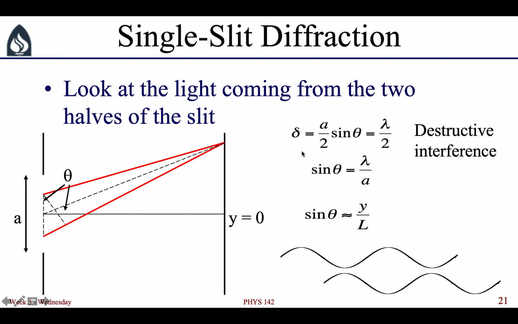And then we can rearrange this expression to find the angle at which that occurs. So that's going to be where the sine of theta is equal to lambda over a, where a is the slit width. And then we can use the small angle approximation to substitute y over L for sine of theta. So that's when we're just considering the two halves of the slit.